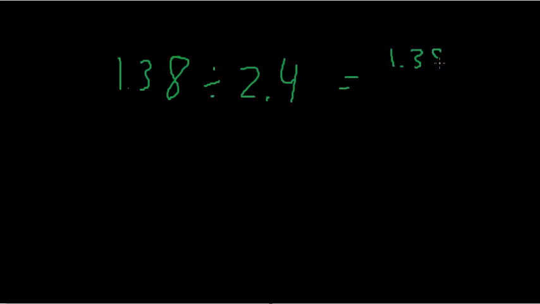Let's try some division now. Let's take 1.38 divided by 2.4. One thing we can recall from our fractions video is that fractions represent a division problem. So I could rewrite this as a fraction, 1.38 over 2.4.